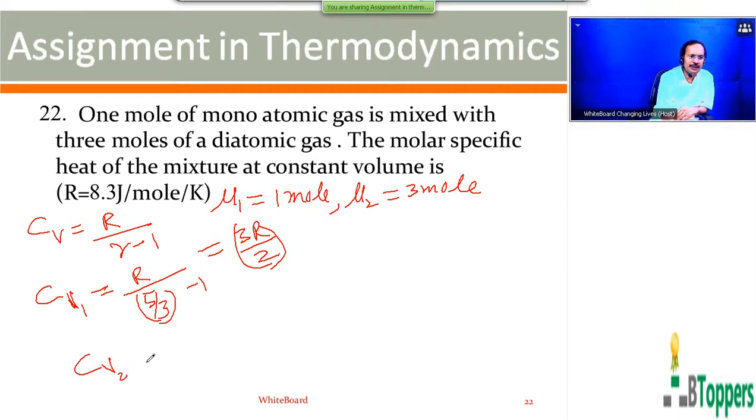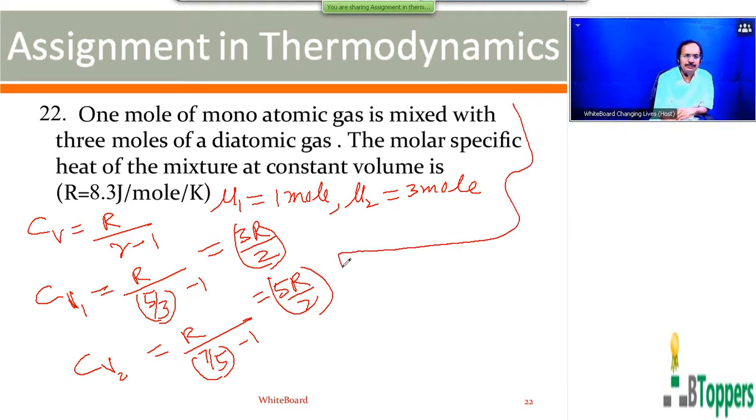Molar specific heat at constant volume for the second gas, that is for diatomic gas, denoted by CV2, that is R by gamma minus 1. For diatomic gas, gamma is 7 by 5. So molar specific heat at constant volume for diatomic gas, you get 5R by 2.